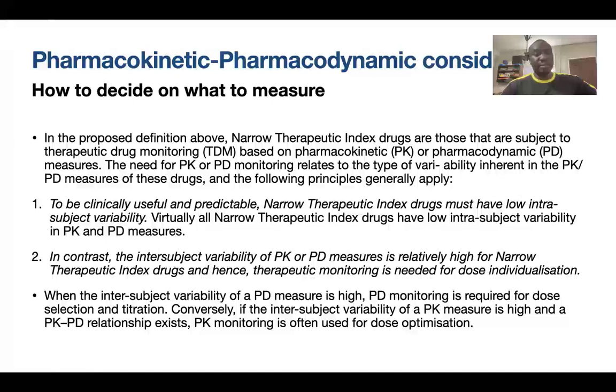One, to be clinically useful and predictable, narrow therapeutic index drugs must have low intra-subject variability. So between the time when you initiate treatment and other consecutive doses, there has to be some sort of relatability. Either the variations are based on renal clearance or on something that is measurable. It must not vary widely outside of what is measurable.